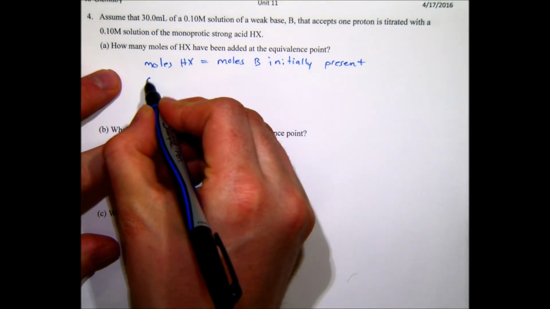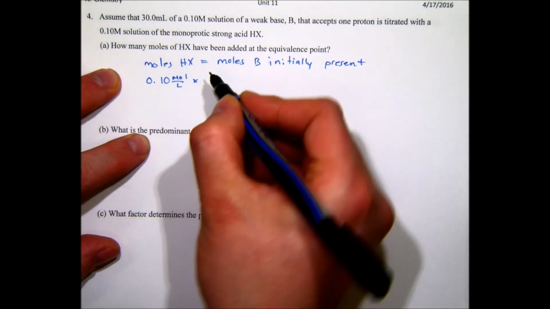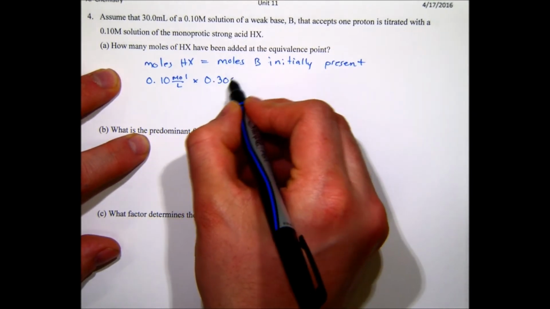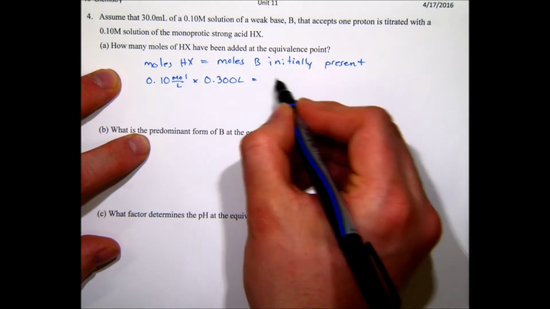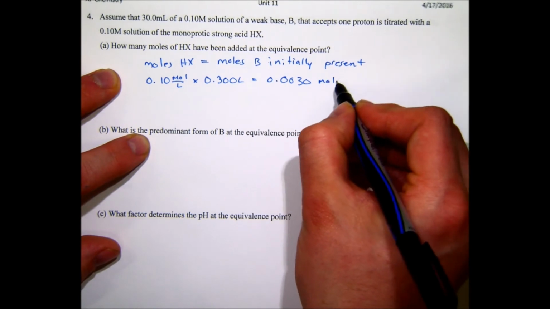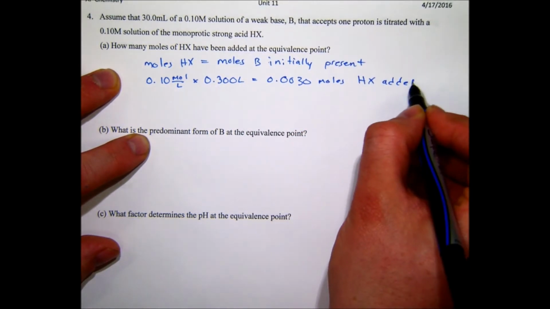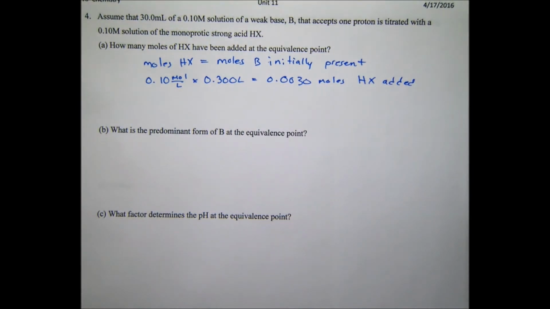So 0.10 moles per liter times 0.030 liters equals 0.0030 moles of HX added. So the word equivalence means that they are equal, so that's how you solve that first one.